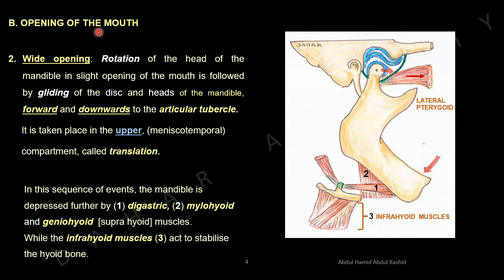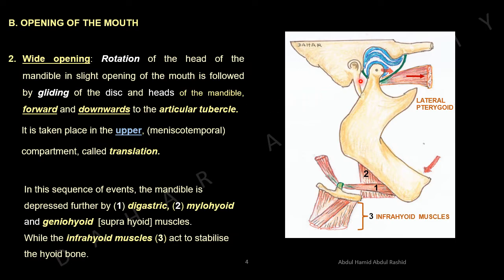Continuation of opening of the mouth. Let's see the diagram. This is the head of the mandible. This is fossa for the head, and this is articular tubercle. Let's talk about the second one, wide opening of the mouth. Rotation of the head of the mandible in slight opening of the mouth is followed by gliding of the disc and heads of the mandible forward and downwards to the articular tubercle.